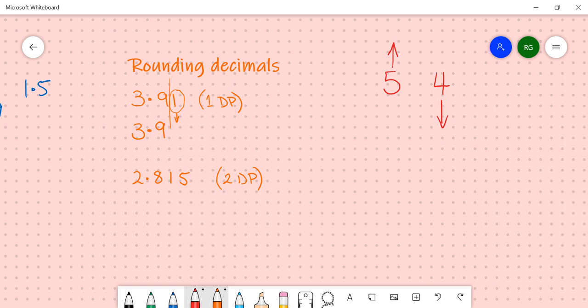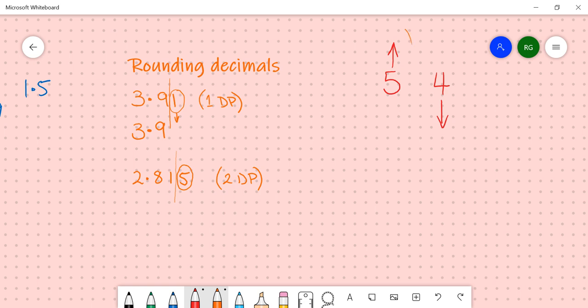Now, looking at the next question, if we follow the same principle, 2.815. Draw our line after the second decimal place, because we're looking for 2 decimal places. Now, circle the 5. Are we going to go up or down?